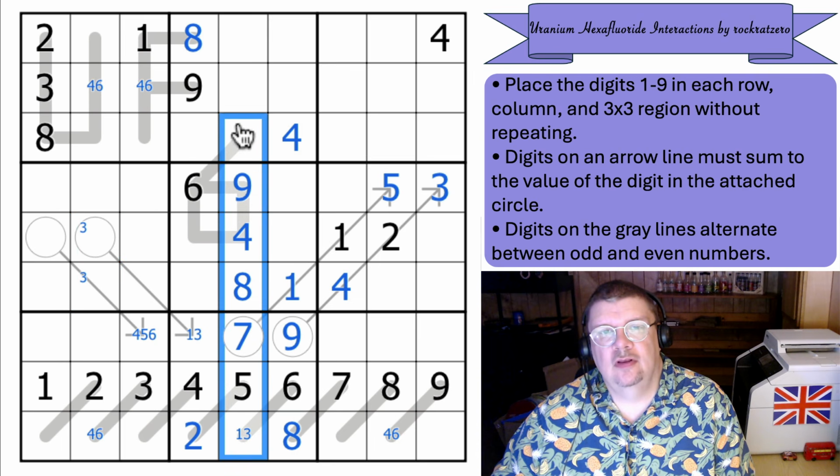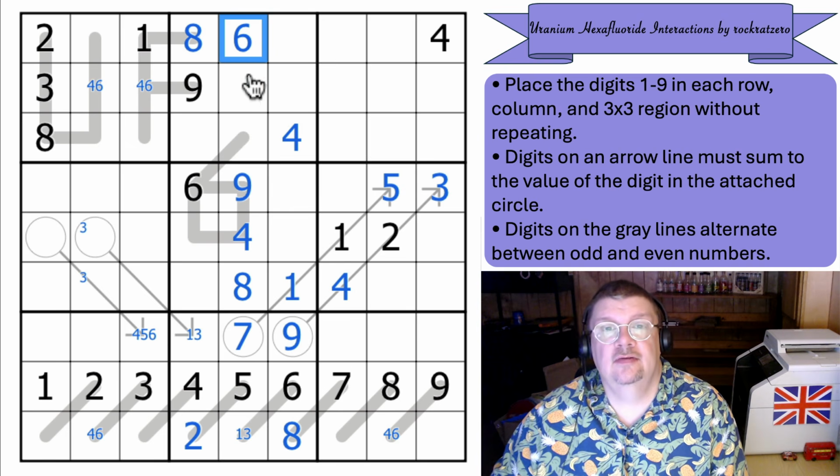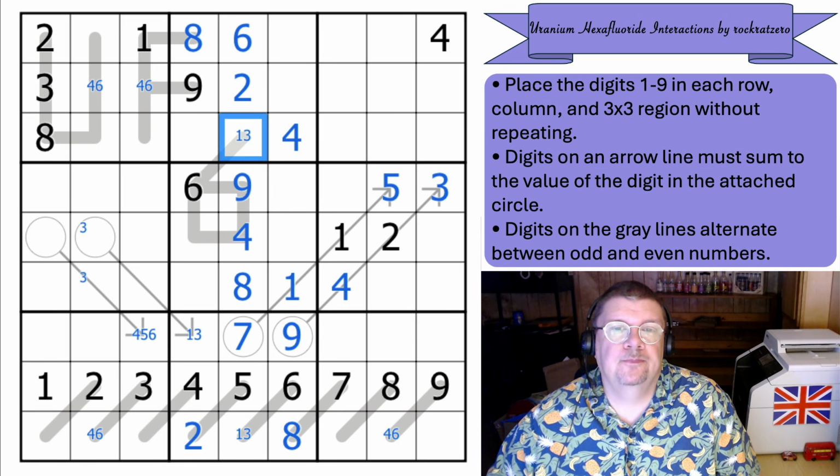Where do 2 and 6 go in this column? They can't go here because of this 6. So they have to go into these two cells. That can't be a 2, so that's a 6, and that's a 2. That makes this 1 or 3.